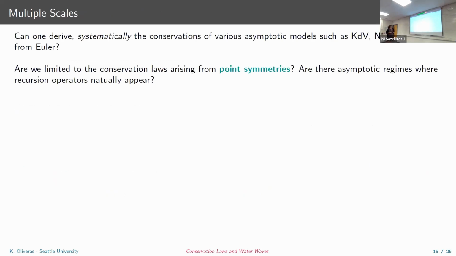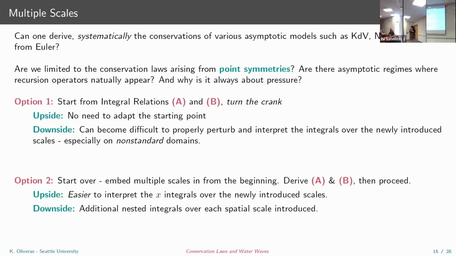Okay, so we have 2 options at this point for how to go with the asymptotic models. We could take those 2 non-local equations we derived and just put the asymptotic scales in there, turn the crank and proceed. The challenge that I personally found is that when trying to expand these kinds of operators over multiple scales, you have to be very, very careful, specifically about what's going to happen with mean values.